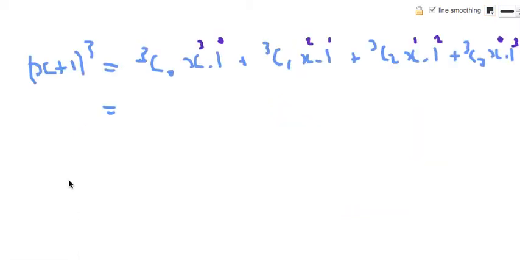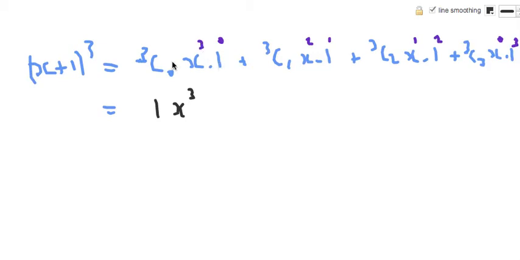Here I've jumped forward to the binomial expansion itself, and I've replaced the coefficients with their combinations. The whole idea of using these combinations is that they correspond to Pascal's triangle. So 3C0: we've got 3 things to choose from, and I choose none of them. How many ways are there to do that? Well, there's only one way to choose nothing, so that's 1. And it's x cubed, because the first power, which I've put in a different colour to highlight it, is 3.